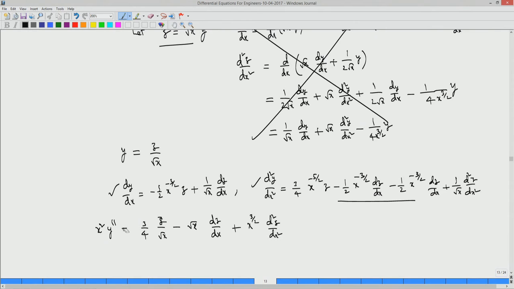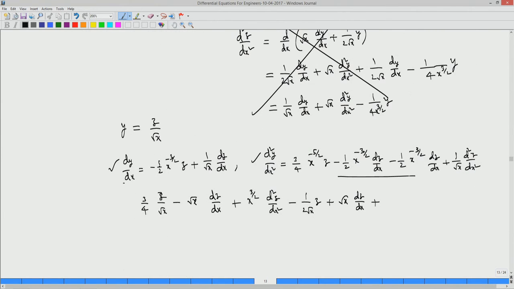So, this is x square y double dash plus x times dy by dx, you can write this part. For this you multiply x. So, we have minus 1 by 2 root x z plus root x dz by dx, and then plus what you have is x square minus 1 by 4, y is z by root x, equal to 0.